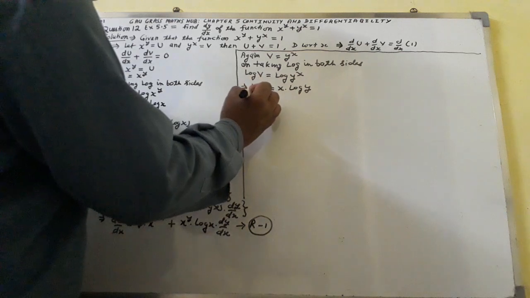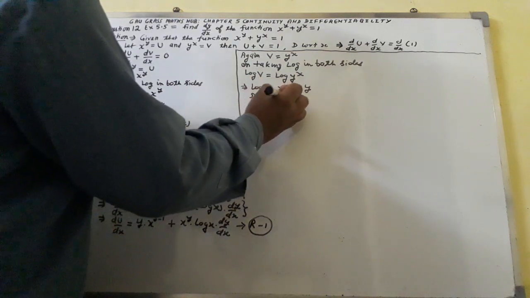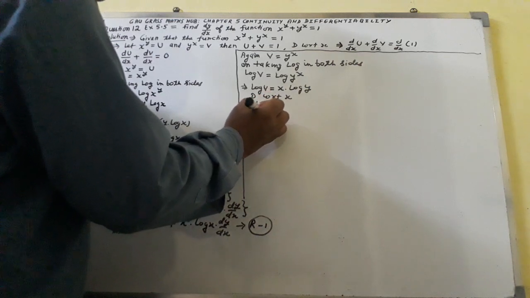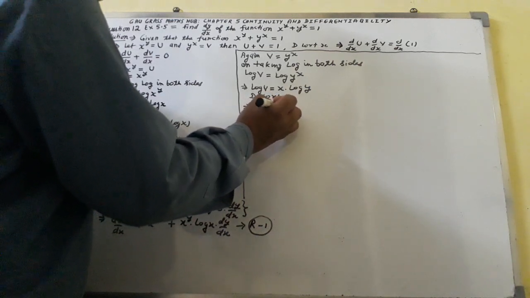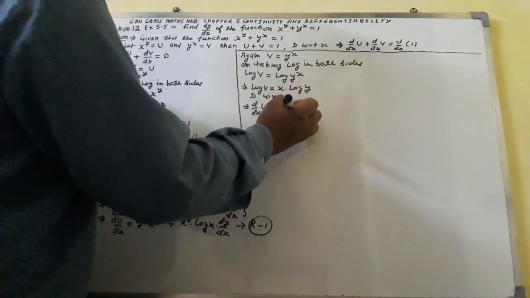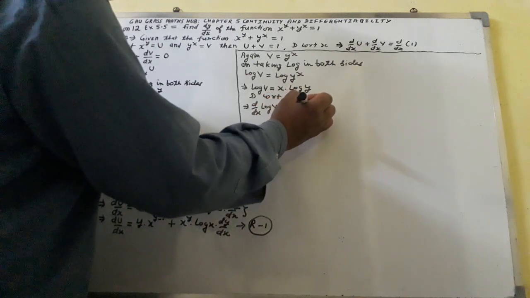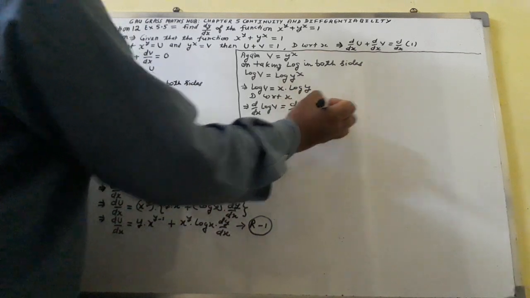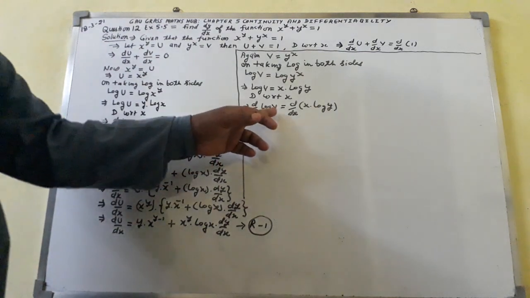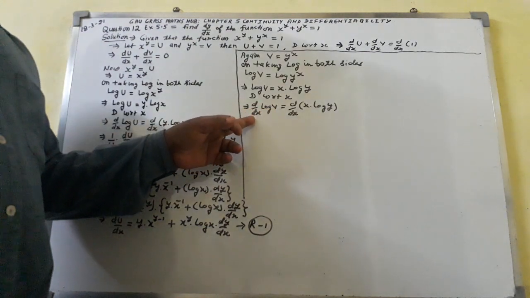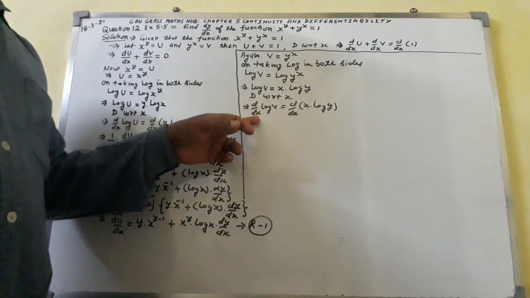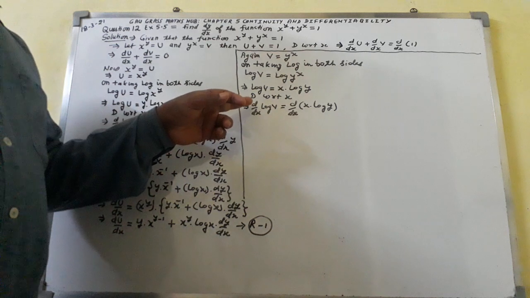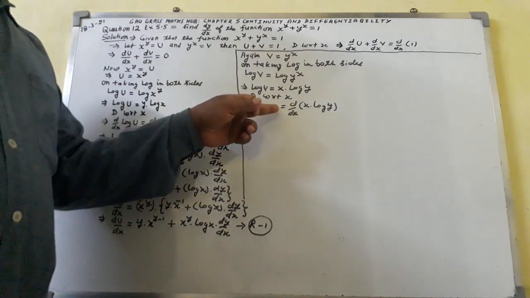Here I shall write d w.r.t. x. You will get here d over dx of log v equal to d over dx of x dot log y. Here in center function v is available and in denominator x is available. y and x are different, that's why d will be conjugated at v.